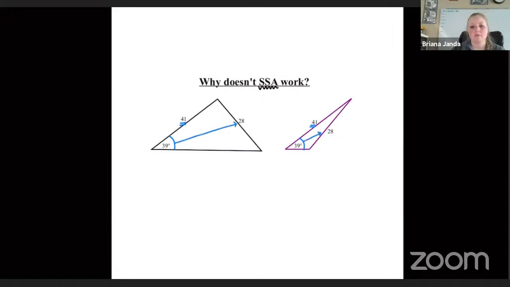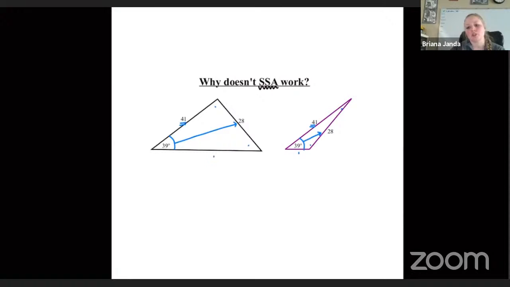However, because I have no other information, depending on which way we swing that 28 length side, I can actually draw a picture of two different triangles. And that's why I can't prove that they're congruent to each other using side-side-angle. But using our law of sines, I can solve both of these triangles and find our missing angles here, our missing angles here, and our missing sides here.